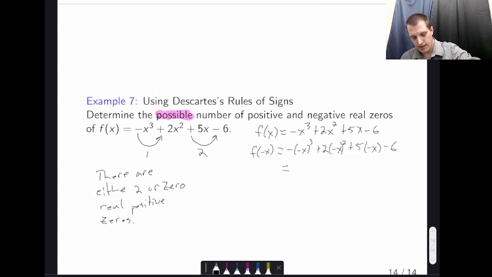We'll simplify and get x cubed plus 2x squared minus 5x minus 6. So here we have exactly one sign change, so there is 1 real negative zero.